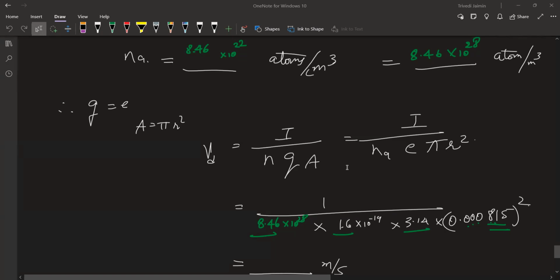Powers will be multiplied. Sir, I got approximately 396. Sir, I got 394, sir, into 10 to the power how much? Sir, that will get cancelled. No, it won't. 10 to the power of -3. On removing the decimal, we get 10 to the power 28 minus 19 minus 6.